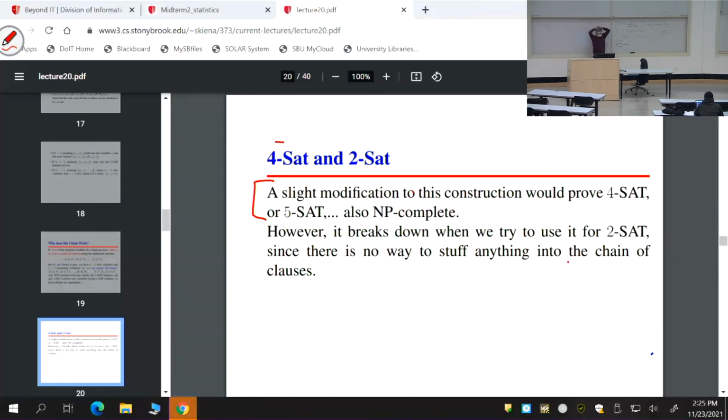Given a set of clauses where every clause has 4 variables, is that as hard as satisfiability? How would I prove the 4-SAT problem was hard? Okay? Let's go back to my reduction. What would I have to change? Okay?